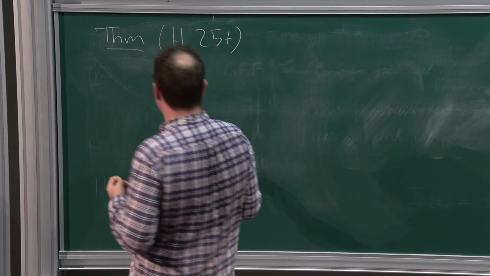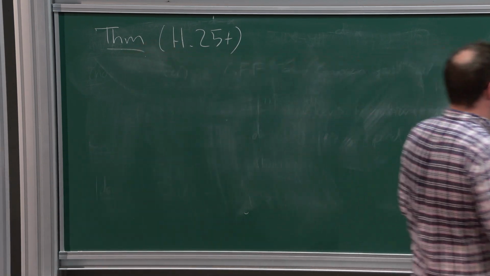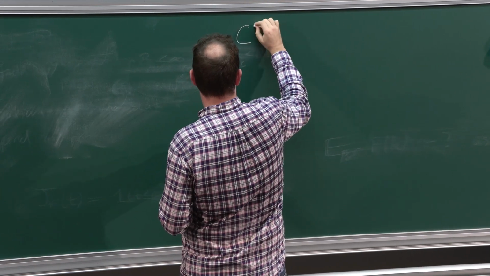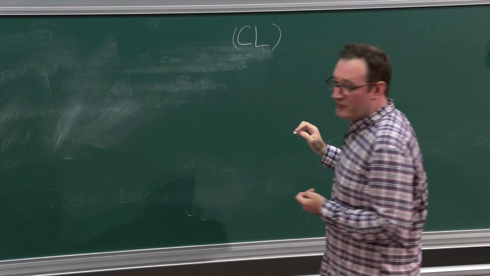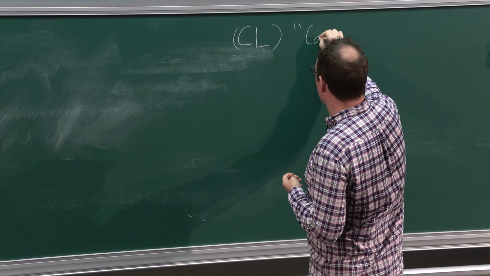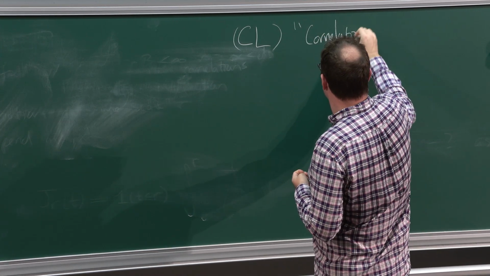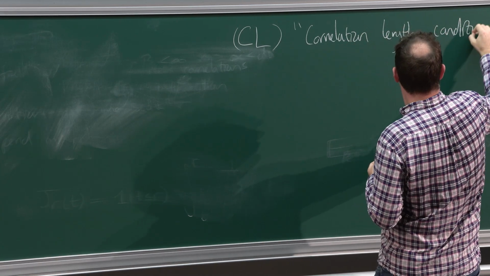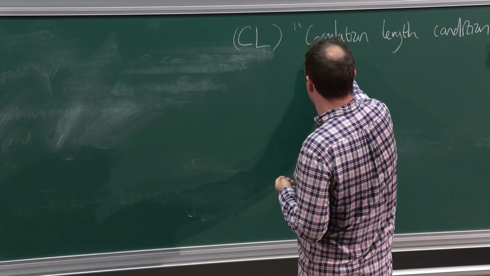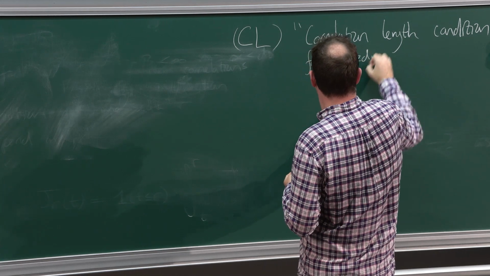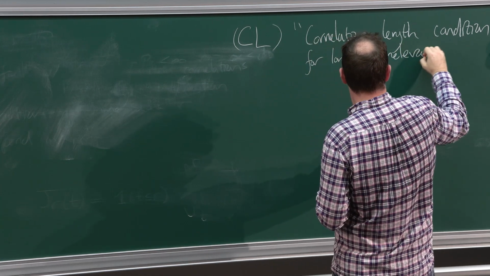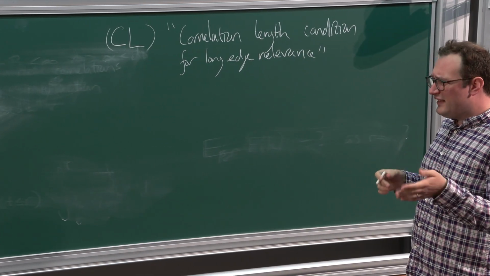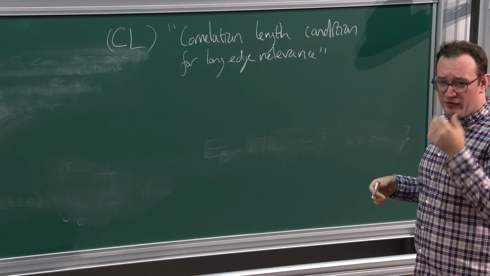Okay. So let's say that the model is... I'll define this property CL, which I call the correlation length condition for long edge relevance. Now you could define a version of this using something like the radius of gyration.